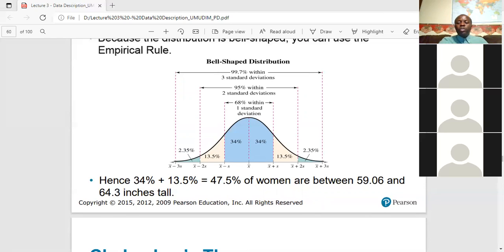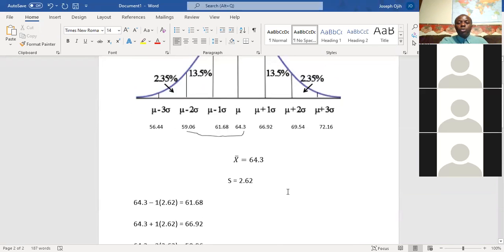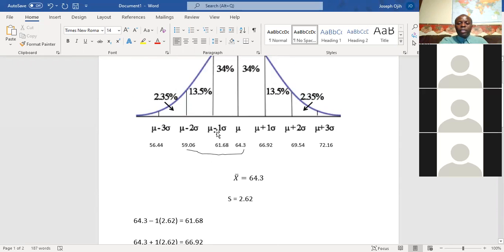Once you finish that, get all the numbers for each of them: x bar minus 1 standard deviation, x bar minus 2 standard deviations, x bar minus 3 standard deviations. Then on the right side, you get x bar plus 1 standard deviation, and so on. You get all of them. Then you can find the one that falls within that range.